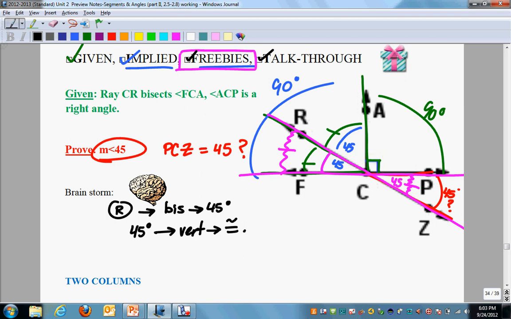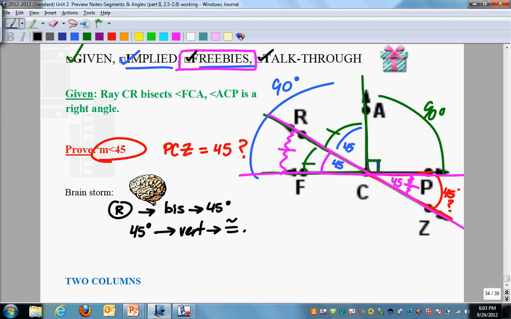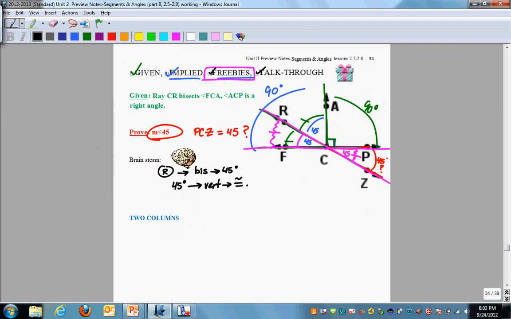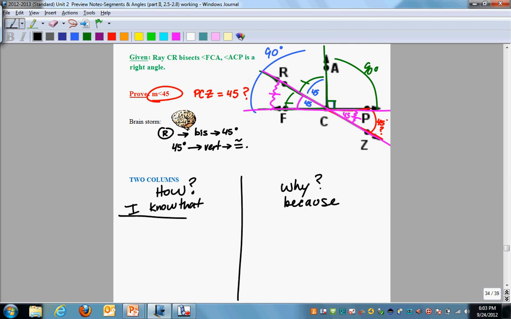Now we're going to organize this logic into what's called a two-column proof. And you do the how on the left, the why on the right. It reads like this: I know that, because, and it's two column, because we make this in two columns.